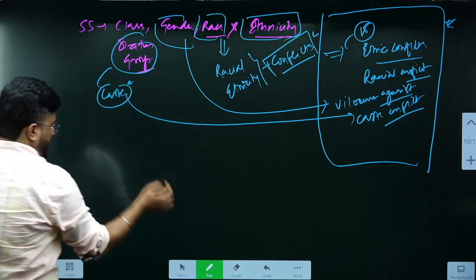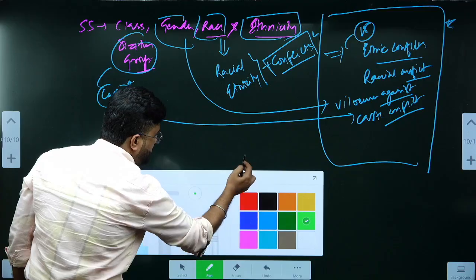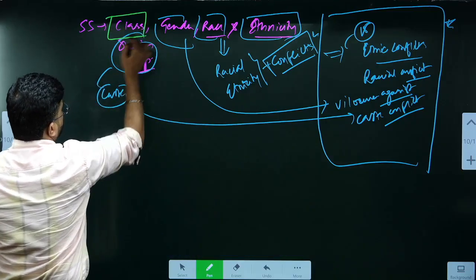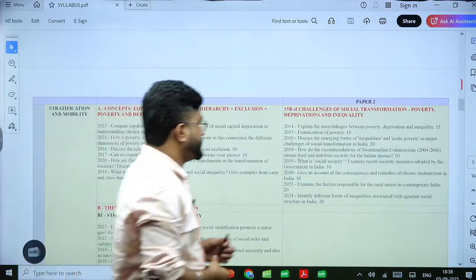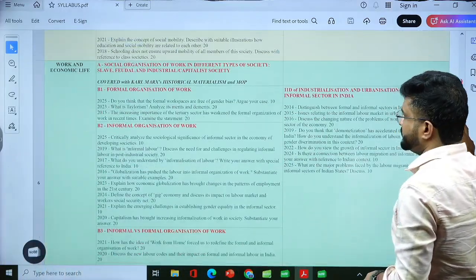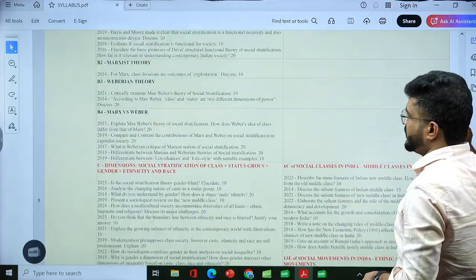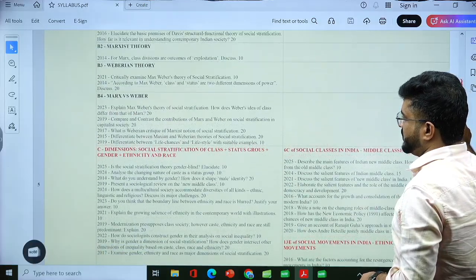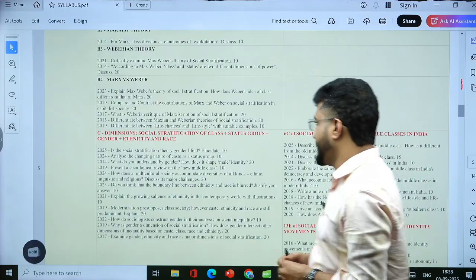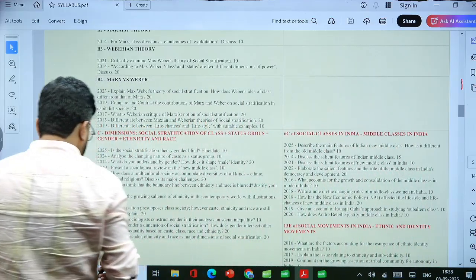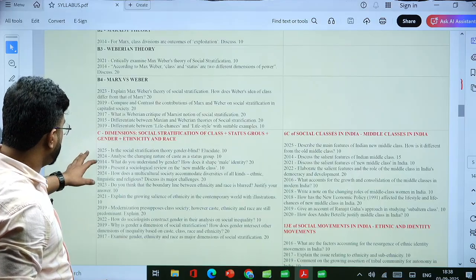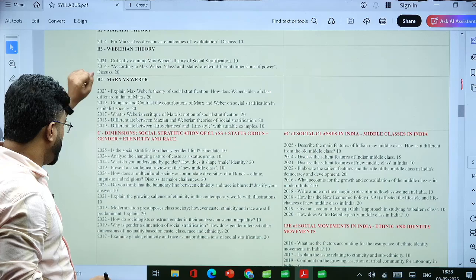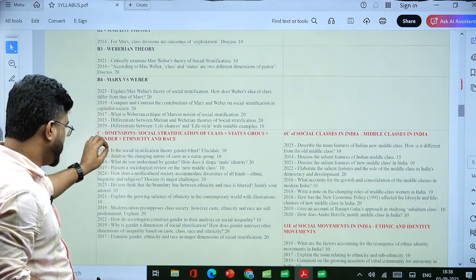Now here there is another component, class. Look at the questions related to this class. In one year they asked a question related to the new middle class in paper 1 itself.